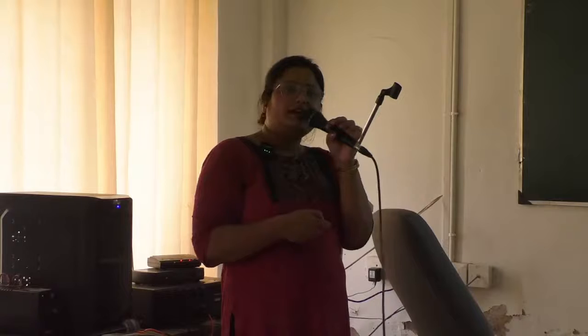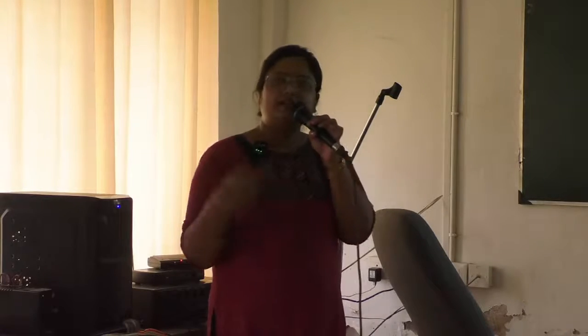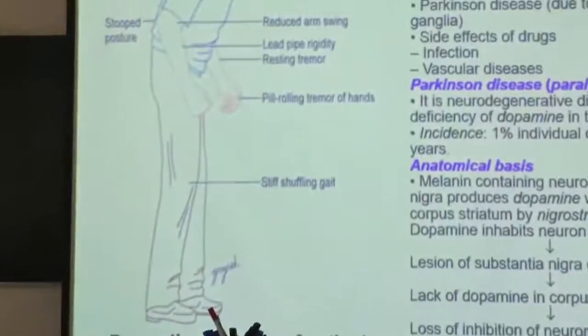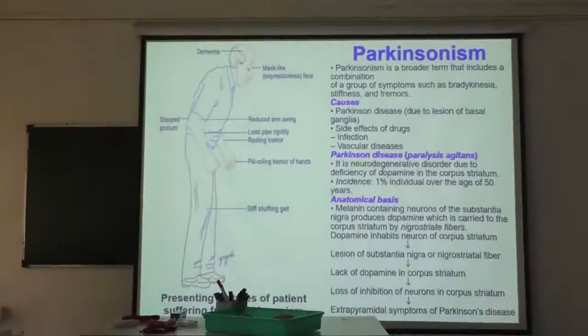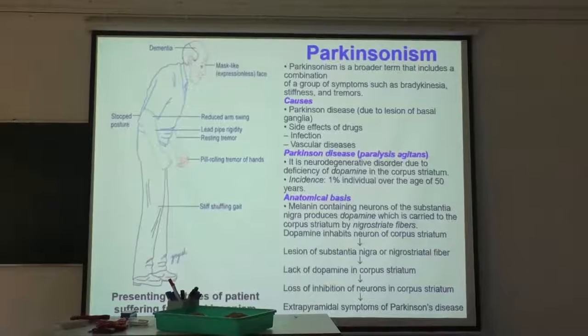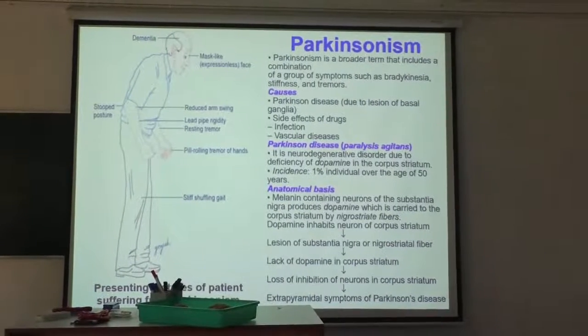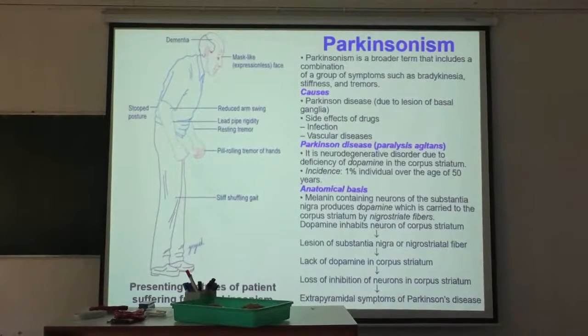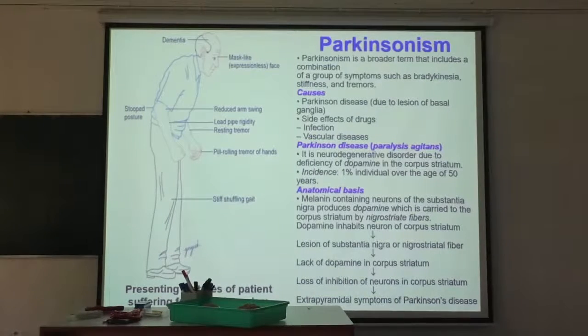Yesterday you have read. Next is pill rolling tremor of the hands, shuffling gait. Okay, waddling gait occurring in the cerebellar lesions. So this you have to remember. These symptoms are also important for your MCQs. I mean MCQs they are asked very frequently.